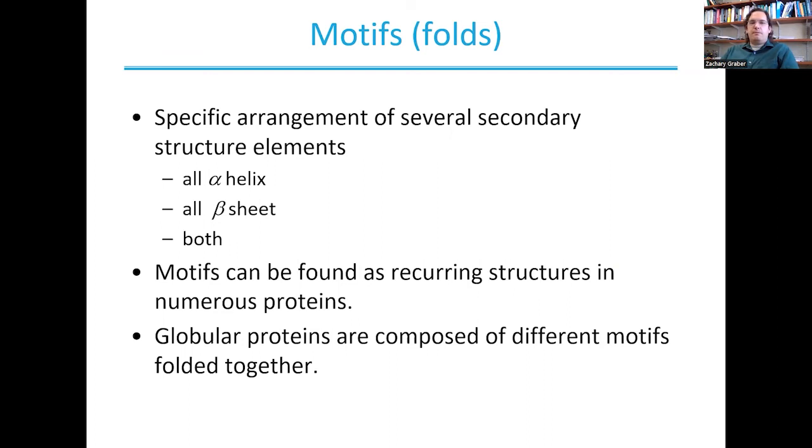So a motif is a specific arrangement of several secondary structures together that we might see recurring in numerous different proteins. So globular proteins will often have multiple different motifs that might be combined together in unique ways in order to create our specific protein.